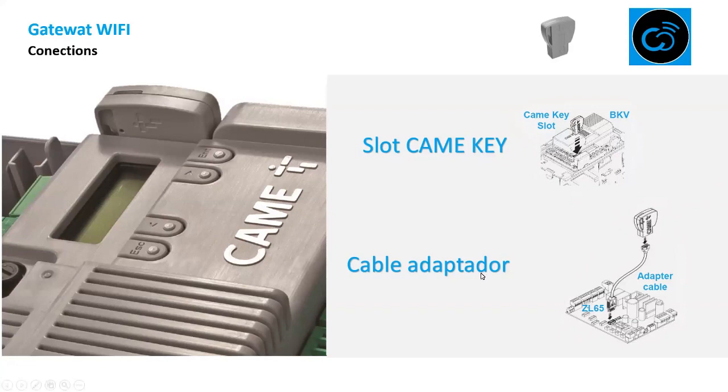But if you have an older control board, like the CL65, the CLJ24, or the ZN7, you have the RSE port, but you still have to use the adapter. You can also use our brand new generation of control boards, or our fairly new controllers that are in the market right now.